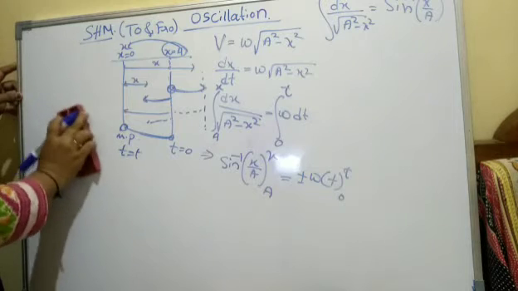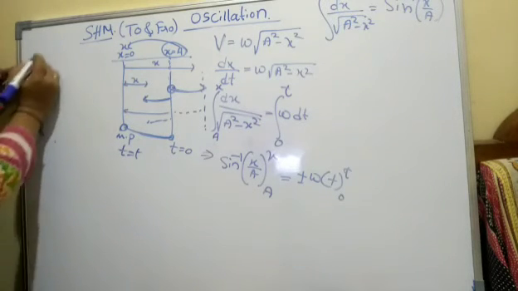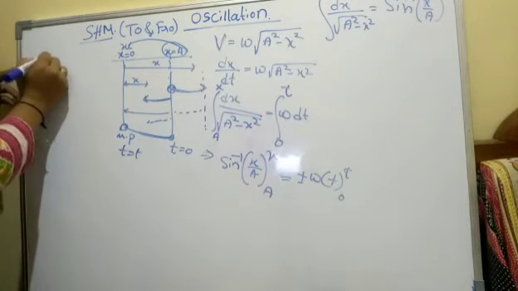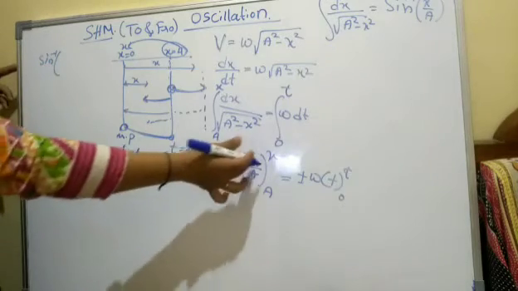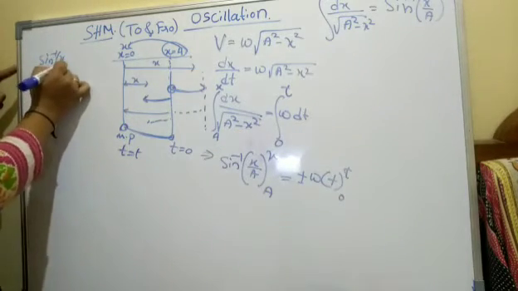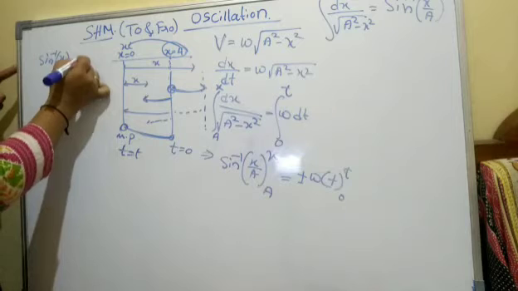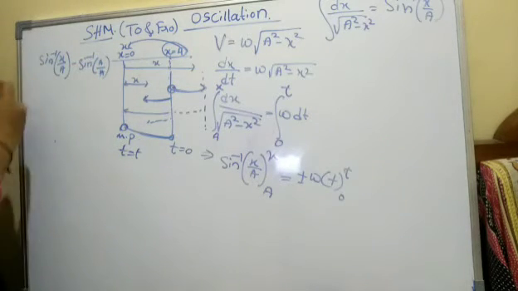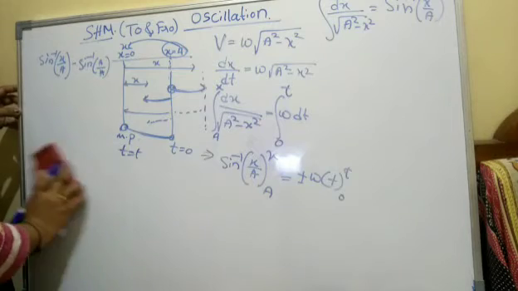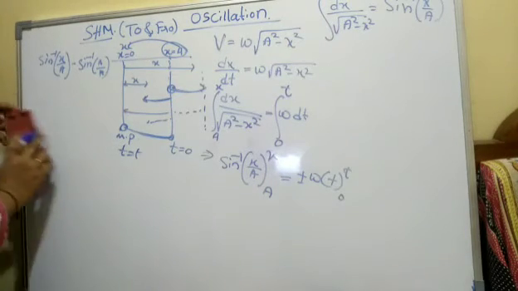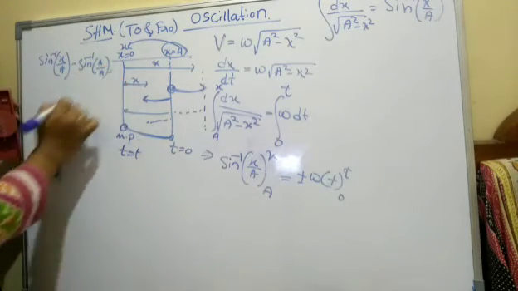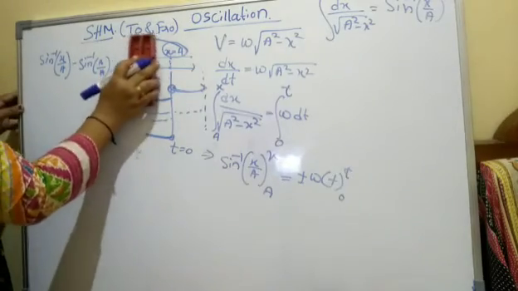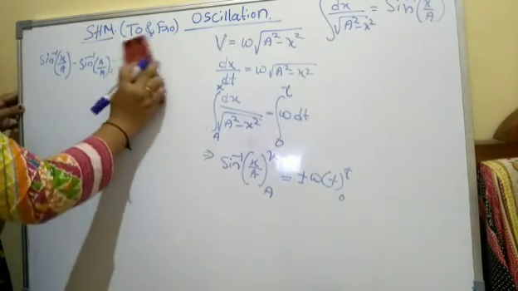Now I will erase this part. Only this part I am going to erase here. Right? Sine inverse of, directly I will put x by a minus sine inverse of a by a it is. Right? So a by a, once again I will draw it while explaining.